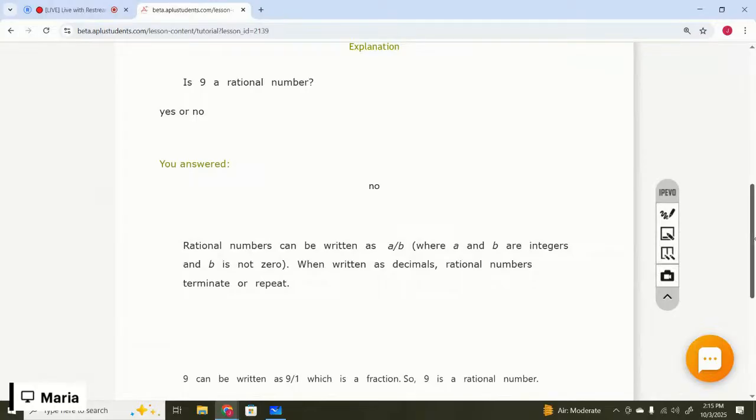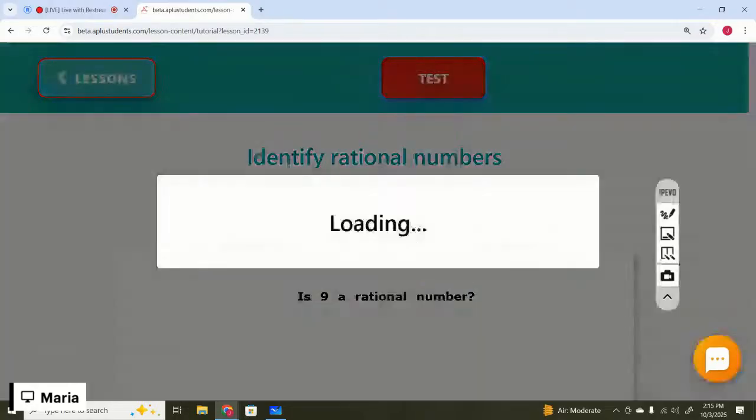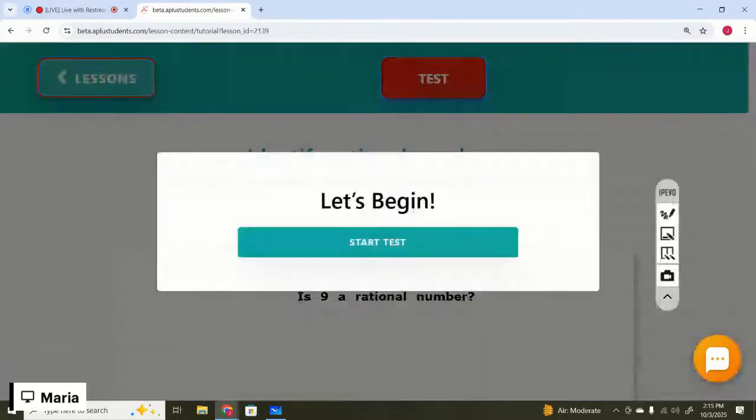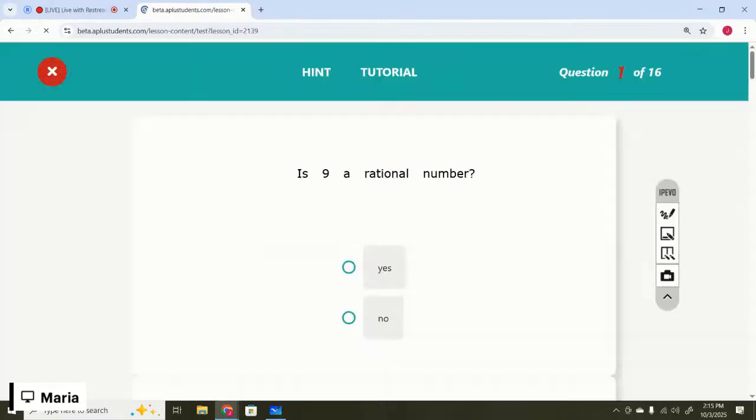Let's just start with the test questions. Is 9 a rational number?